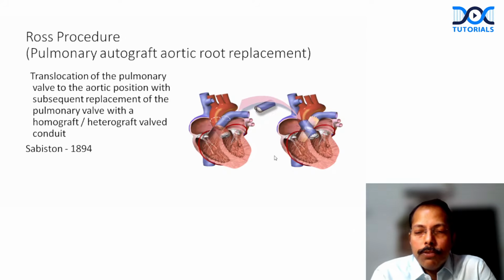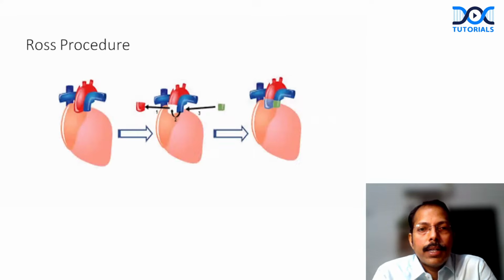This is typical of a Ross procedure. And again, in this diagram, you can appreciate the diseased aortic valve has been removed, and the patient's own pulmonary valve has been relocated to the aortic position, and the pulmonary area will be replaced either with a homograft or a heterograft. This is the Ross procedure.